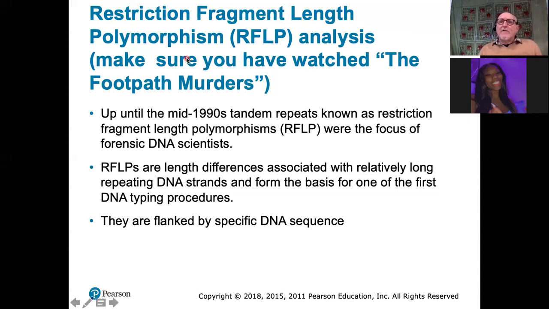Polymorphism refers to the fact that there's a huge amount of variability in the population. So what we see when we perform this technique becomes almost like a fingerprint for the person that we're examining, because they end up with a unique combination of different restriction fragment lengths.